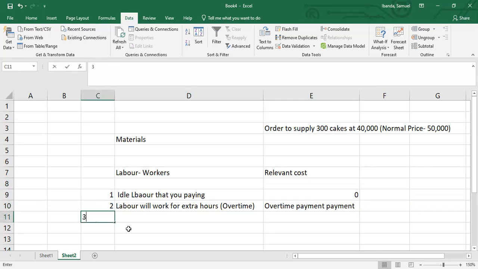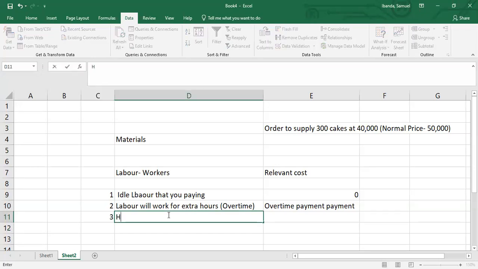I'll give you another scenario. Another scenario is where you're going to hire new labor. You're going to hire new labor for this contract.